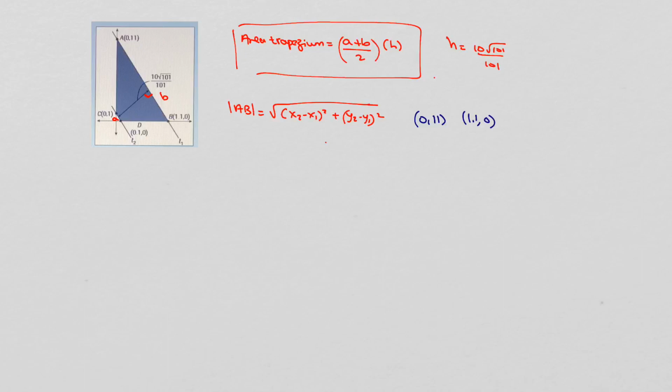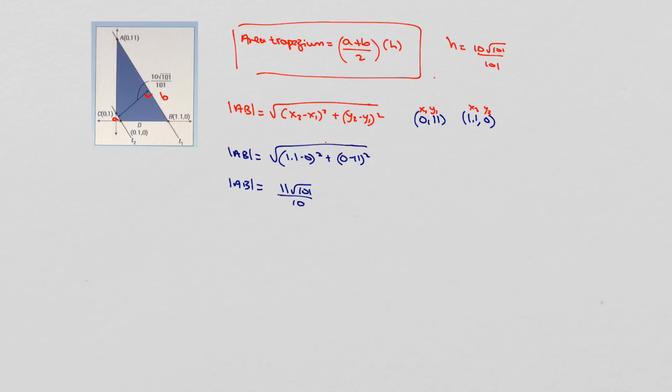So therefore that's my x1, y1, x2, y2. So if I sub in there, that gives me the square root of x2 minus x1 squared plus y2 minus y1 squared. And therefore, if I put that into my calculator, that simplifies to give me 11 root 101 over 10.